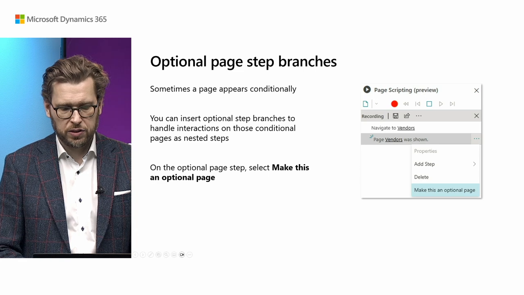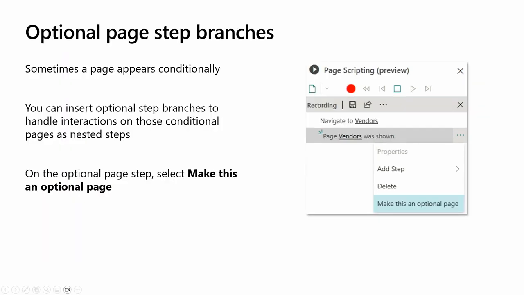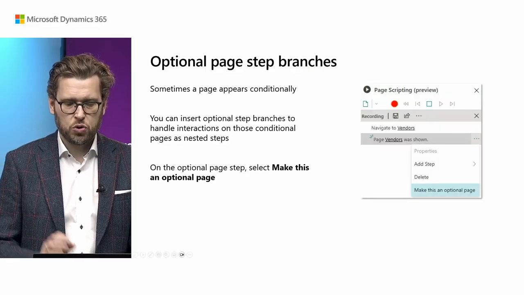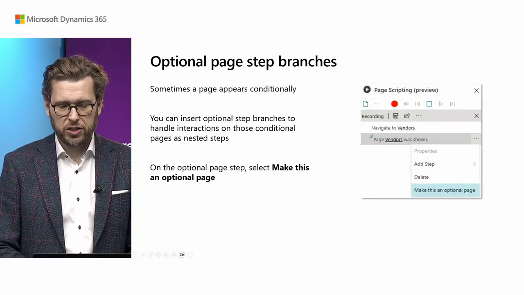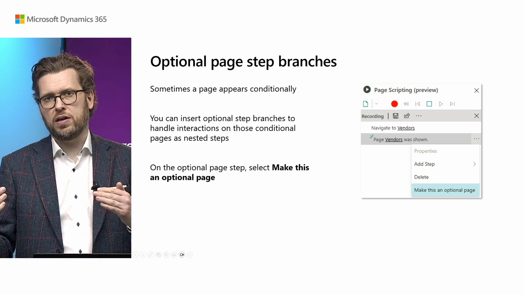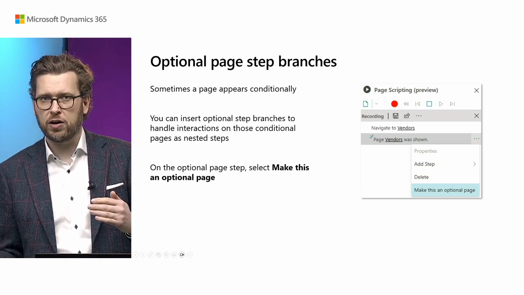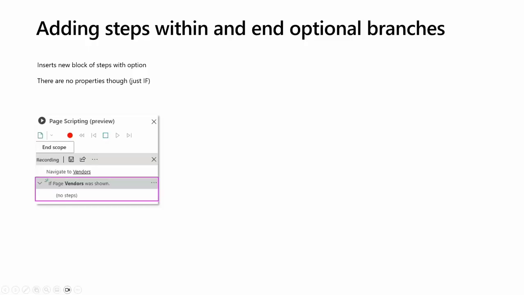So you see here in the screenshot that I select from the context menu on the step in the page scripting pane to make that an optional page. That basically means that all of the steps that I record from there on until I exit the branch will only happen if that page is shown.